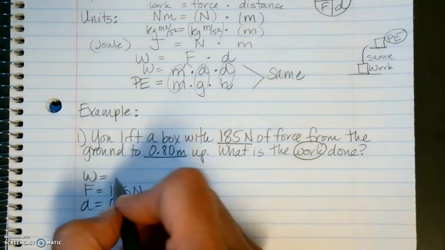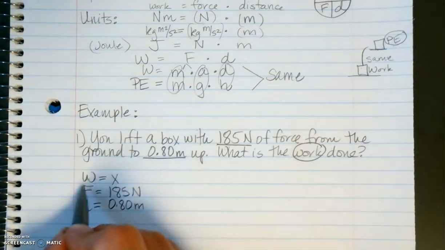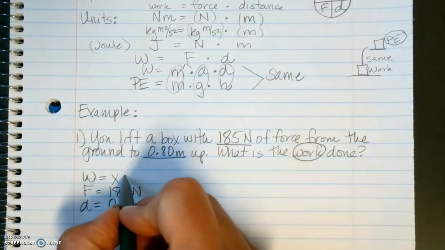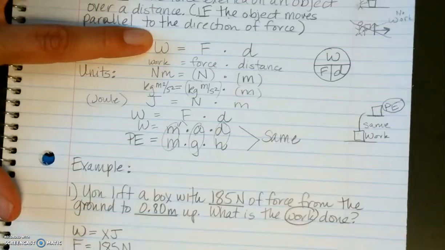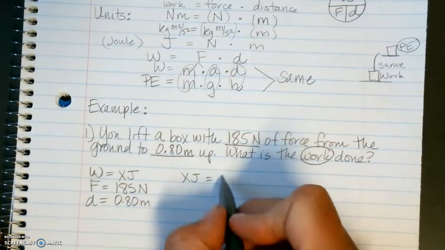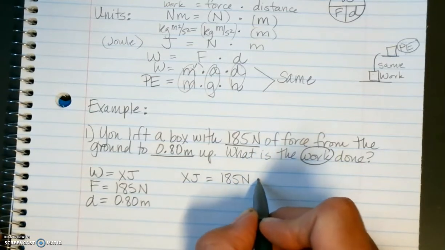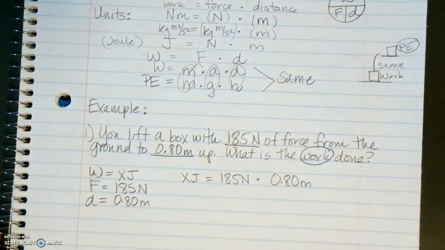And since we're looking for work, that's going to be X, and our unit for work is going to be a joule. So we're looking for X joules. Now, since we're looking for W, we're going to use our base equation, W equals F times D. So W, X joules, equals my force, which is 185 newtons, multiplied by my distance, which is 0.80 meters.